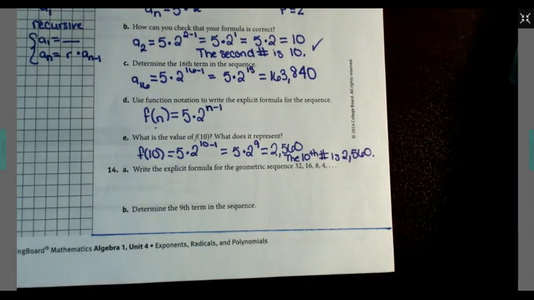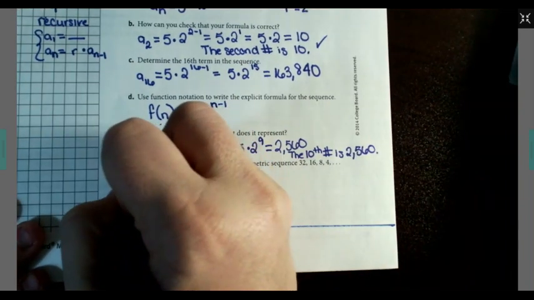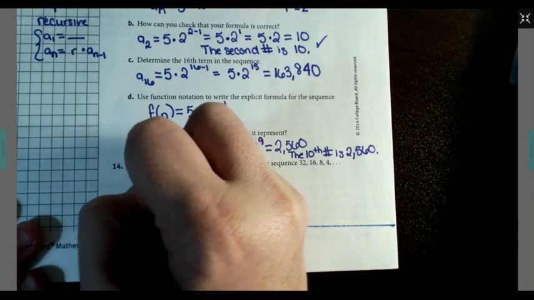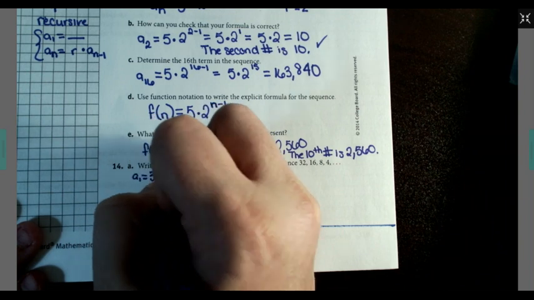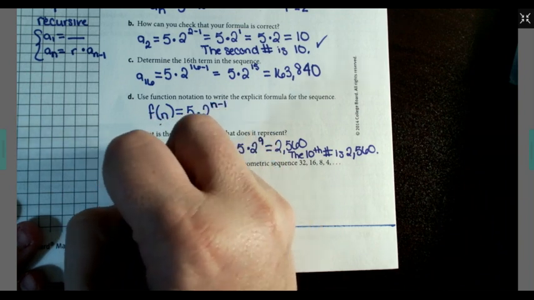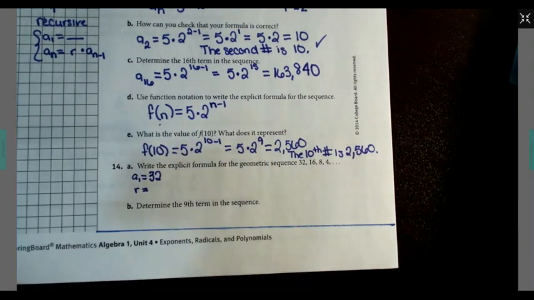Write the explicit formula for the geometric sequence 32, 16, 8, 4. Well, got to identify two things, a sub 1 and my r. a sub 1 is always my first term, which happens to be 32 in this case. r is what happens each time.